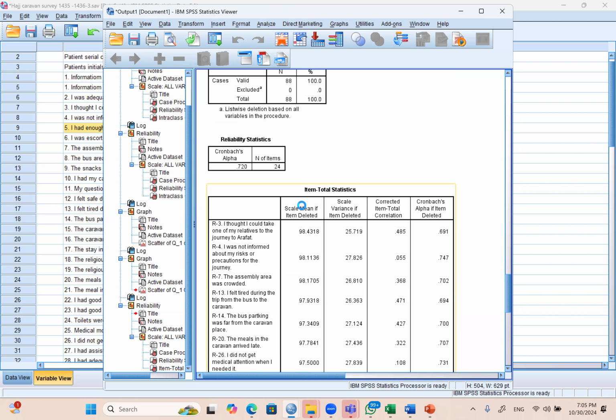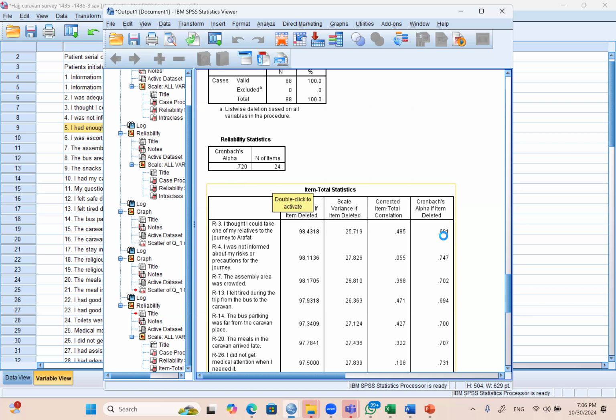But I can make it better. How can I make it better? I look into this. It says Cronbach's alpha if item deleted. Here, the program is telling me what Cronbach's alpha, the reliability coefficient, would be for each item if I delete it. So if I delete item number 3, my alpha is going to decrease to 0.691.